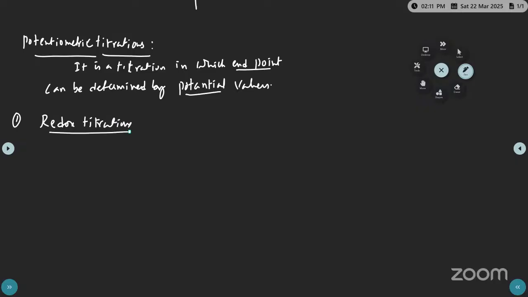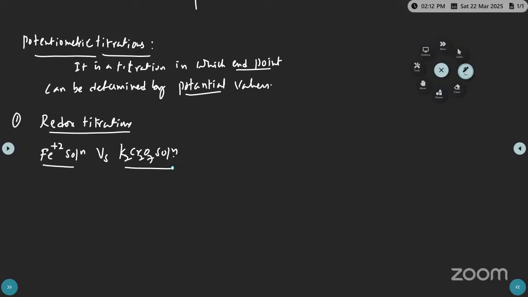So for this we take the example of iron solution, Fe+2 solution, versus potassium dichromate solution, K2Cr2O7 solution. Okay, so in the redox titration we are taking the Fe+2 solution and potassium dichromate solution. Same ఇంత ముందు లాగానే చేయాలి.